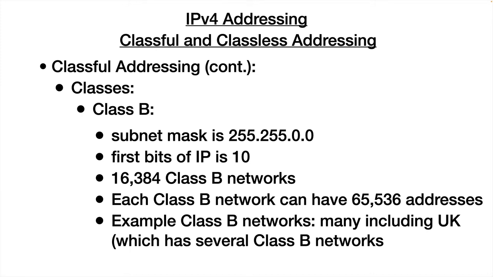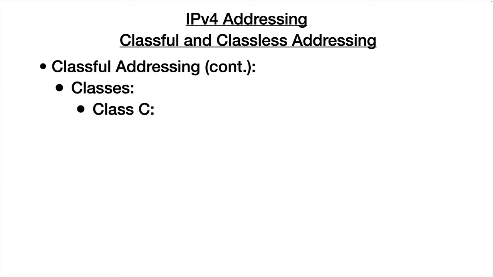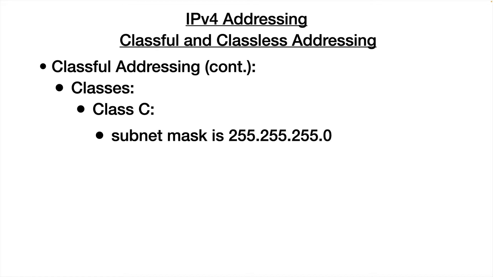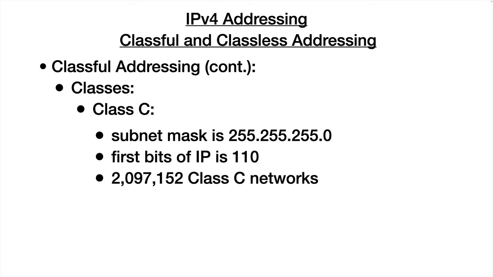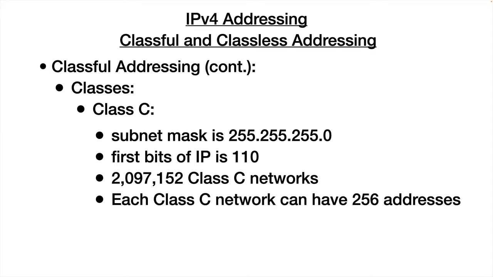So that's Class B. Class C. The division point is the third decimal point, so the subnet mask is 255.255.255.0. The first bits of a Class C network are 110, so anything that starts with 110 is Class C. There are a little over 2 million Class C networks, and each Class C network can have 256 addresses.